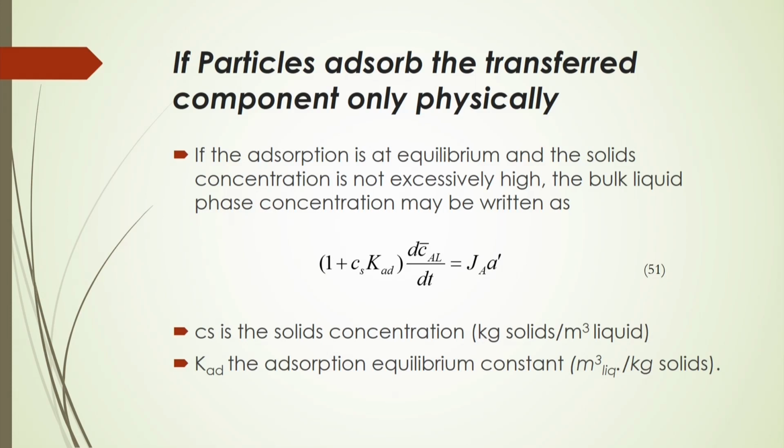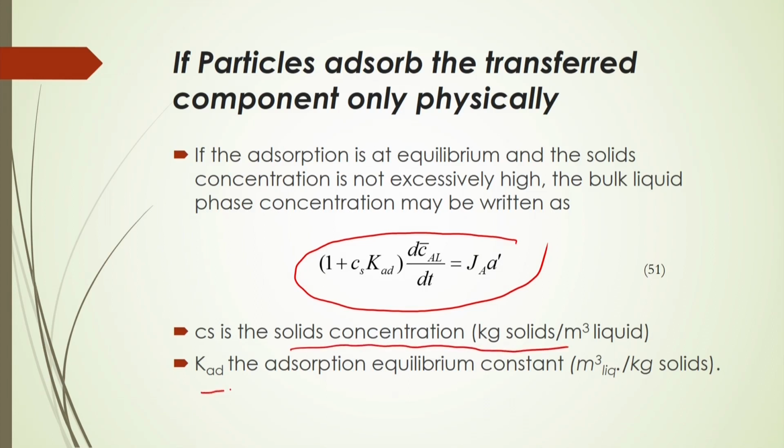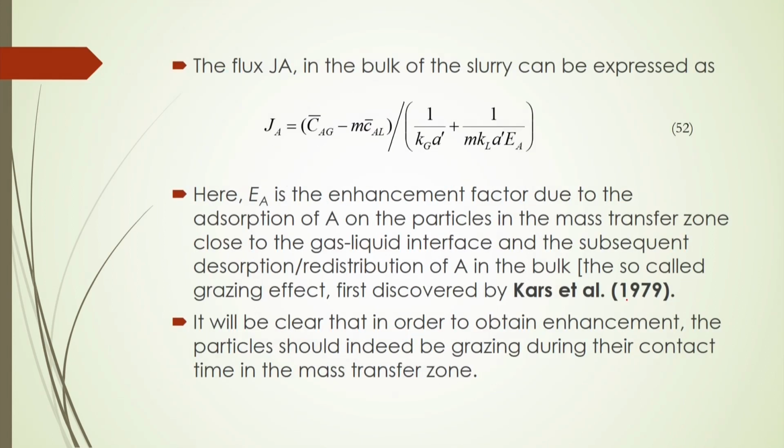If particles adsorb the transferred component only physically, then you can represent this mass transfer rate by equation 51. In this case, Cs is the solid concentration and K Ad is the adsorption equilibrium constant. So, if the adsorption is at equilibrium and the solids concentration is not excessively high, then the bulk liquid phase concentration may be retained by equation number 51.